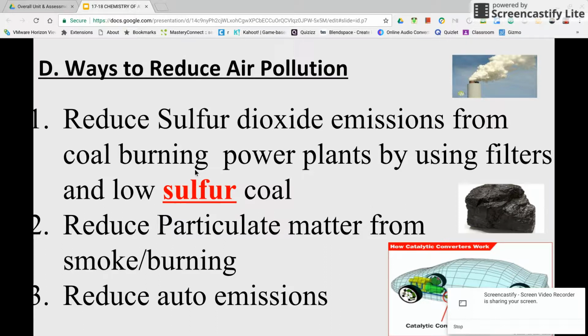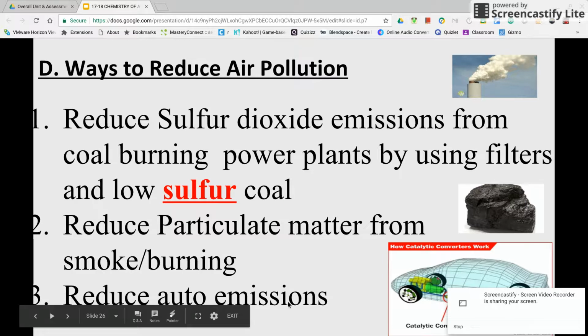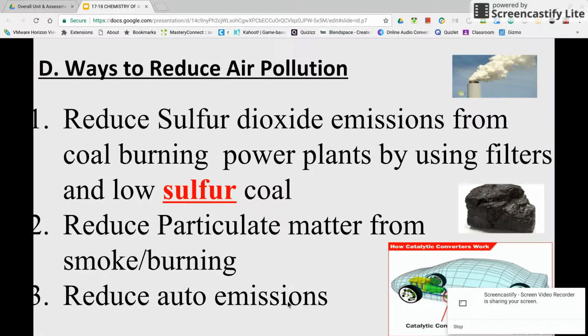They've also been asked to use low sulfur coal to reduce the sulfur dioxide that is put off when we burn fossil fuels. Another thing that we do is reduce auto emissions by checking the vehicles for how much fossil fuel emissions are being put off. So there are ways to reduce that air pollution so our air quality stays at that healthy level.